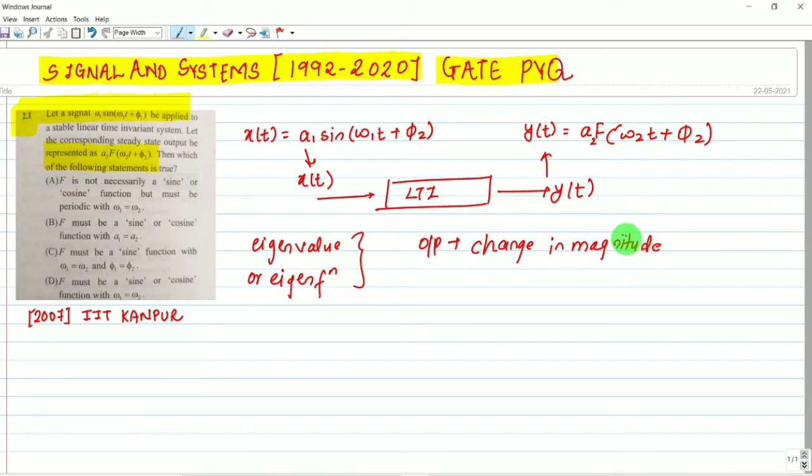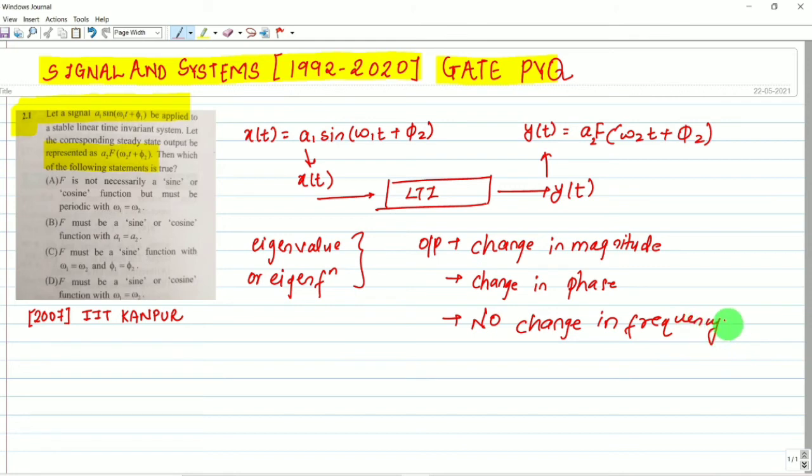And the next condition: in the output there should be a change in phase. This is the second condition. And the third condition: there should be no change in frequency. It means our frequency should be the same. These three conditions are applied simultaneously to solve our question.